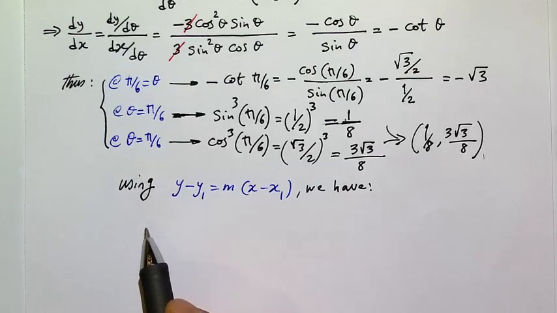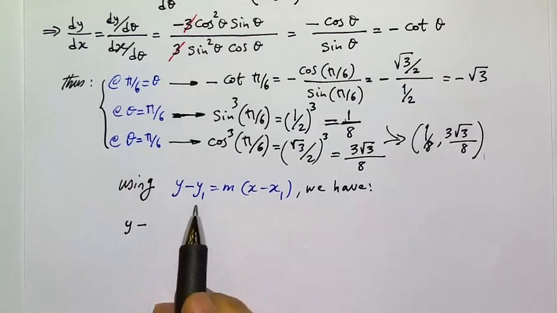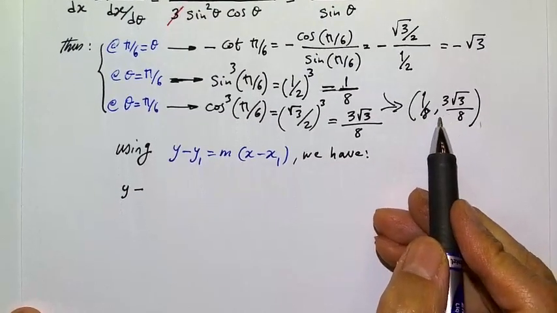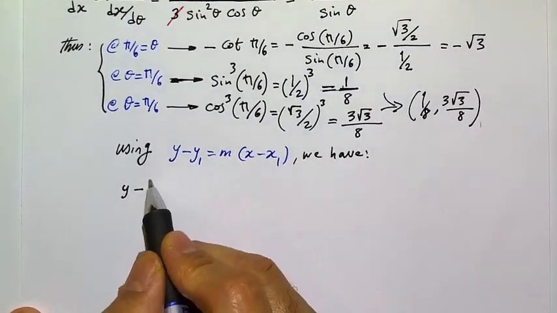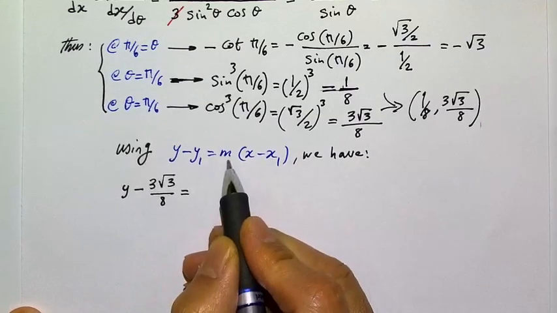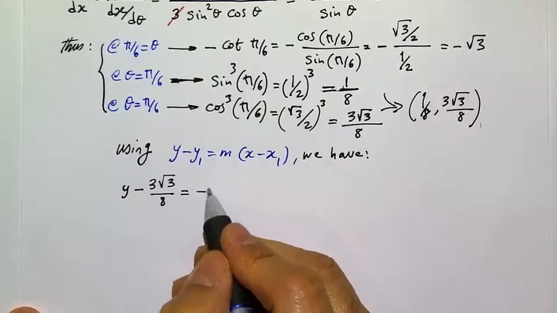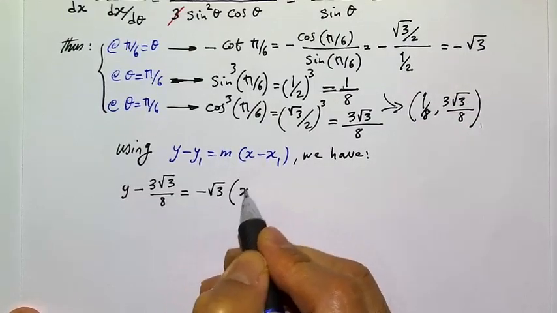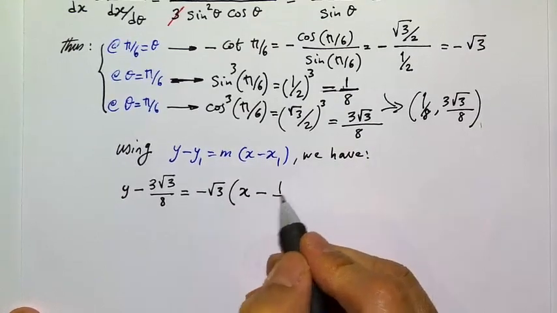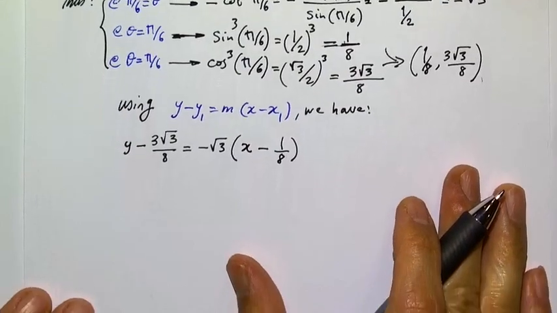So we have y minus y1. I'm going to plug in what we found for y as y1. So y minus 3 square root of 3 over 8 equals m, which at pi over 6 was negative square root of 3, times x minus x1, which is 1 over 8. The rest is just simplifying.